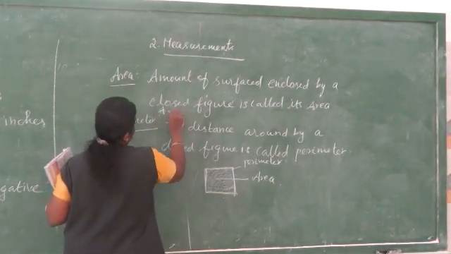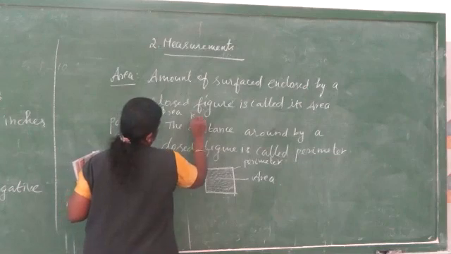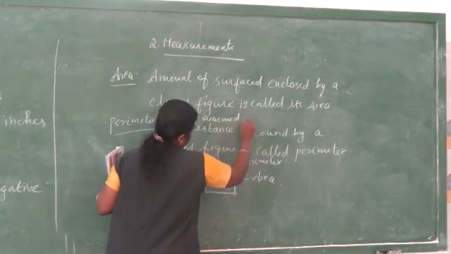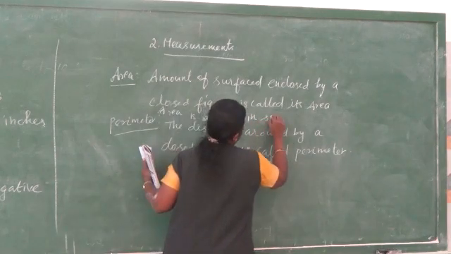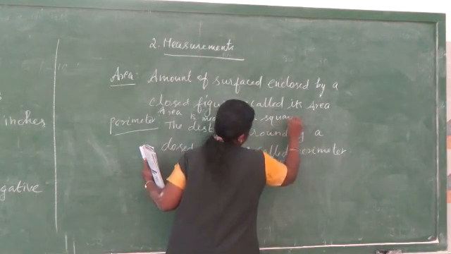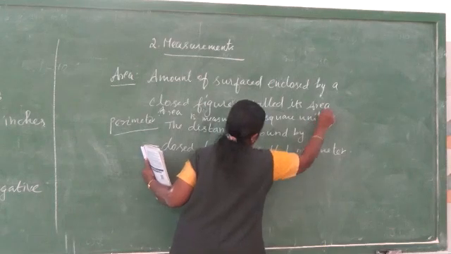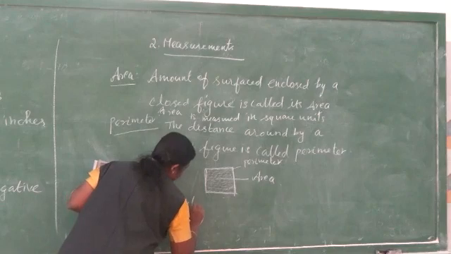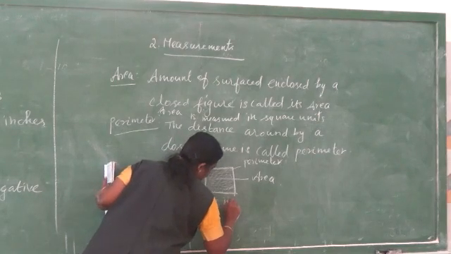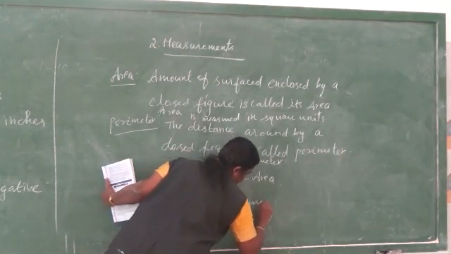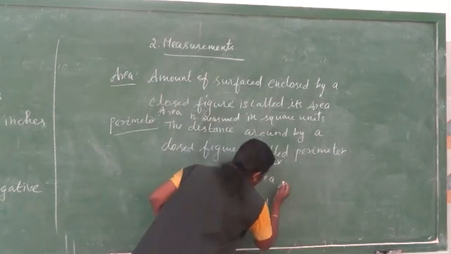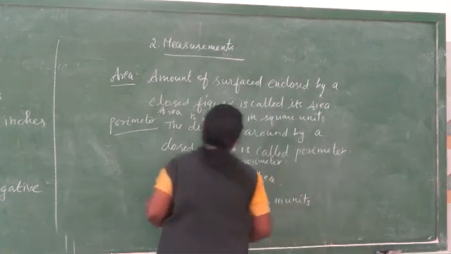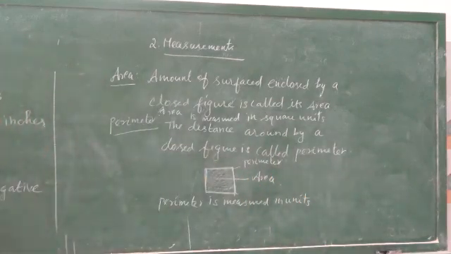Area is measured in square units, and perimeter is measured in units. What is the area of a square?